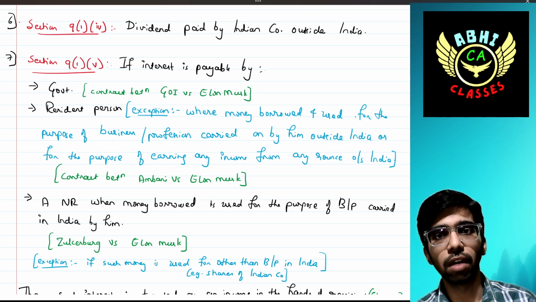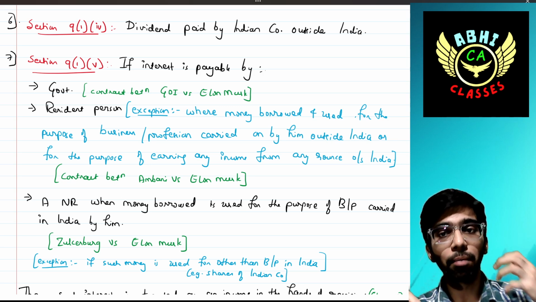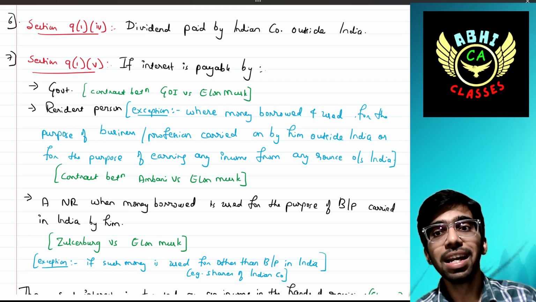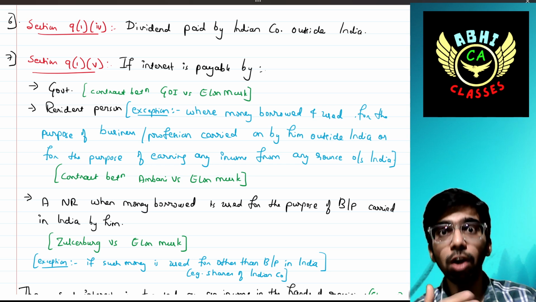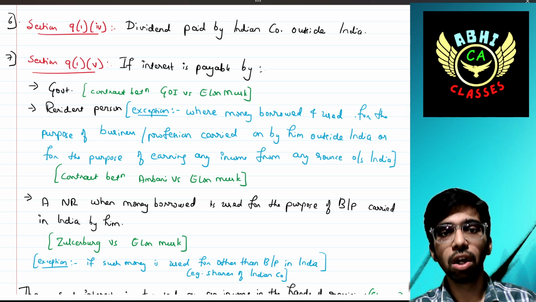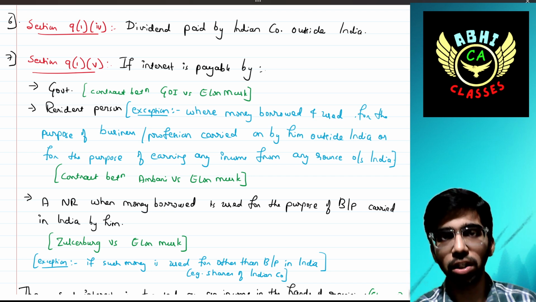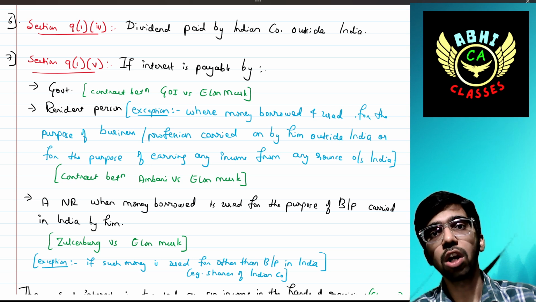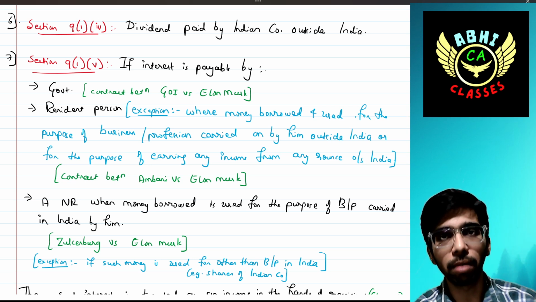But there is one exception: where money borrowed from Elon Musk by Mukesh Ambani is used for the purpose of a business or profession carried on by Mukesh Ambani outside India, or for any other purpose other than earning income in India, then this interest payable is not taxed in the hands of Elon Musk because it is not generating any income in India, right?